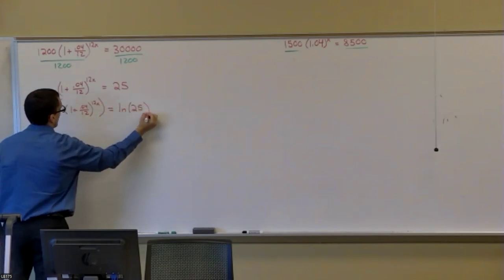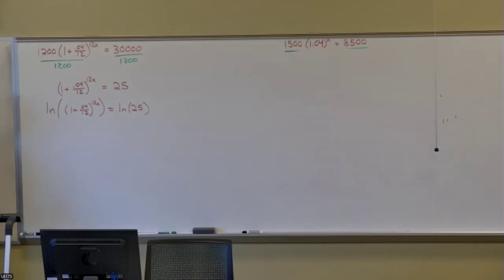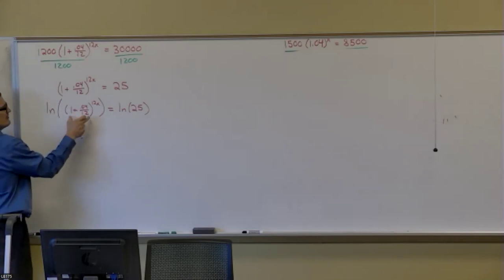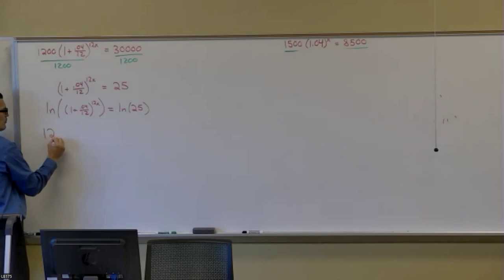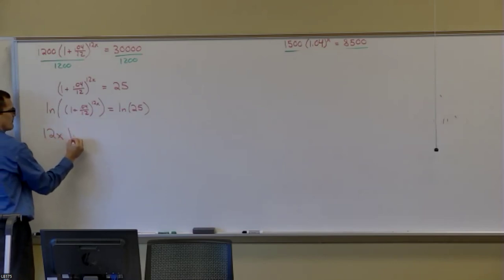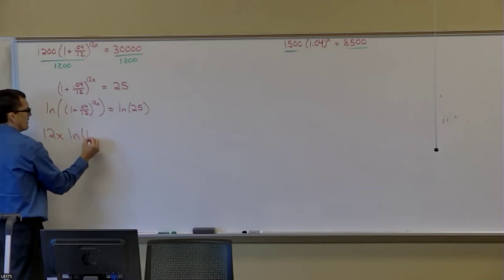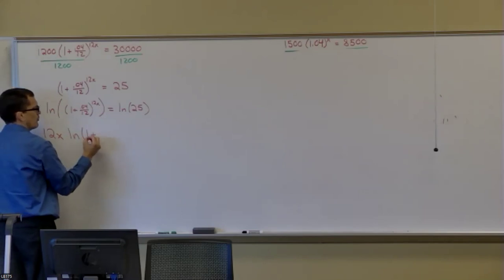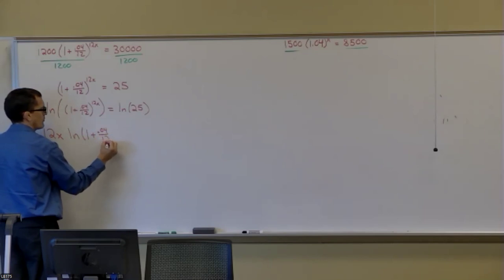If you wanted to take log base 1 plus 0.04 over 12, that's fine too. So I have natural log of this number raised to the 12x power. So I have to bring 12x out front of the natural log of 1 plus 0.04 over 12.